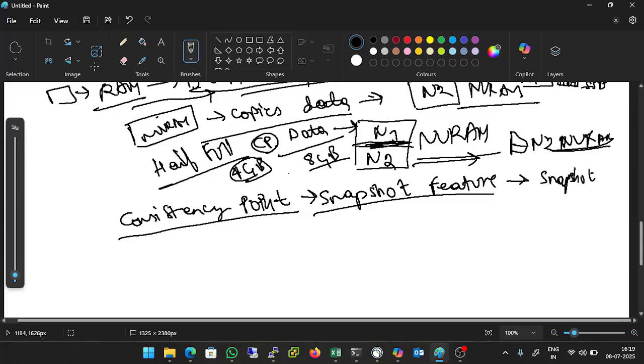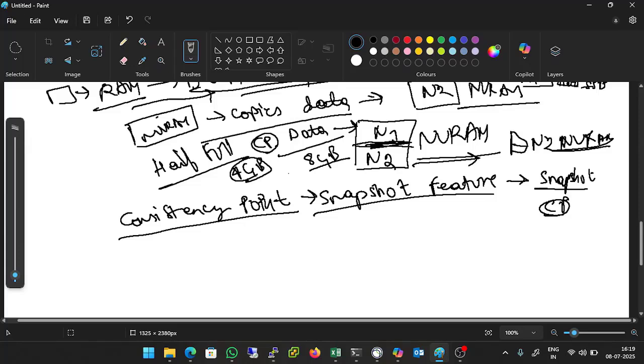What kind of snapshot? A CP, a consistency point. During that time, it could also happen that your data is processing, or you are about to receive a write request from a particular host, and all of a sudden you shut down or restart your NetApp.